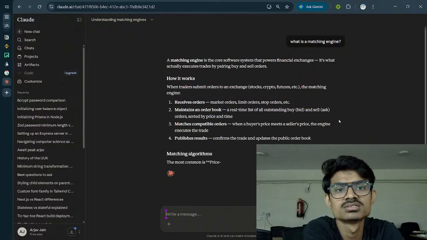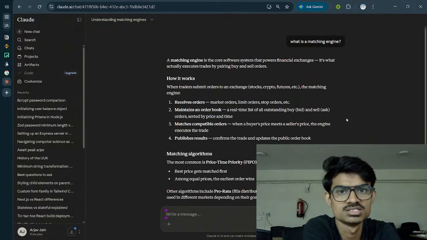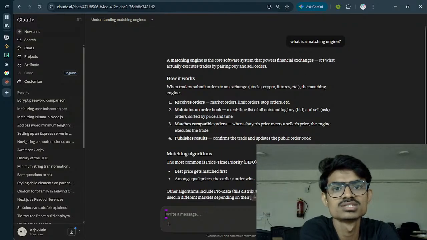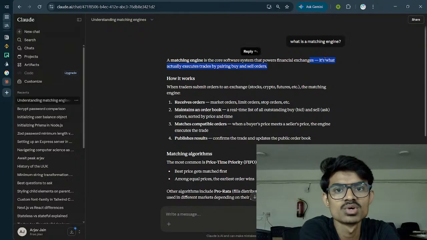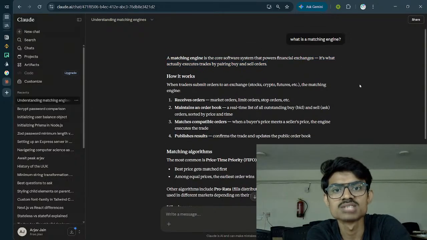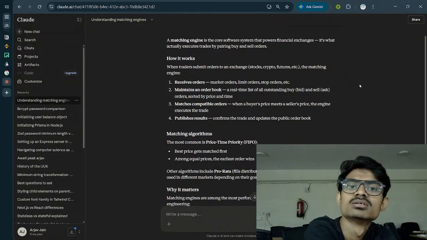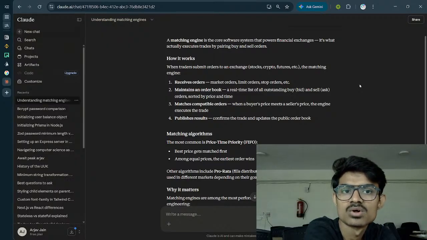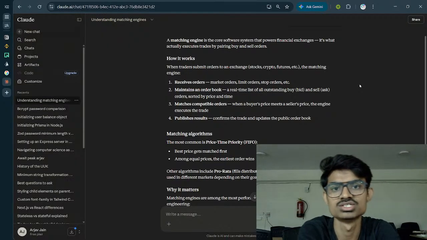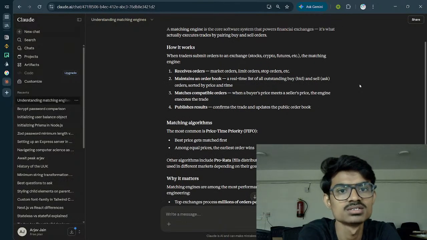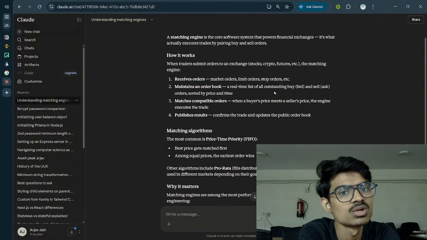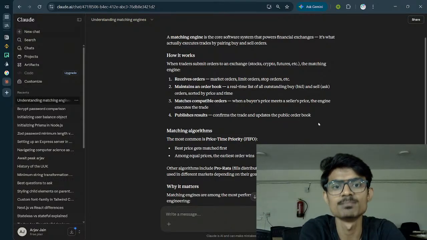Core software system that powers financial exchanges. It's what actually executes trades by pairing buy and sell orders. How it works: when traders submit orders to an exchange, stocks, crypto, futures, etc., the matching engine receives orders, market orders, limit orders, stop orders, etc., maintains an order book, a real time list of all outstanding buy and sell orders sorted by price and time, matches compatible orders.